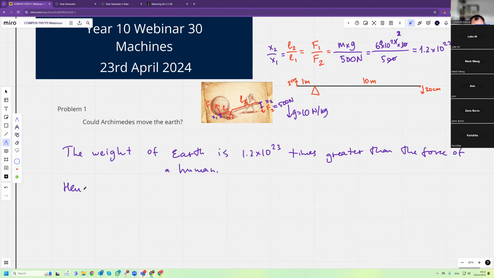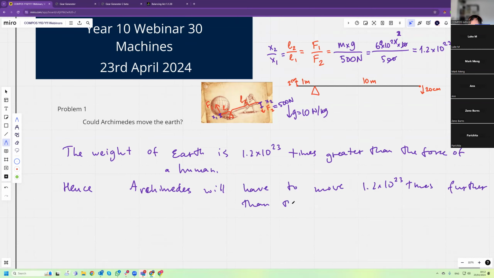Hence, Archimedes will have to move 1.2 times 10 to the 23 times further than the Earth.